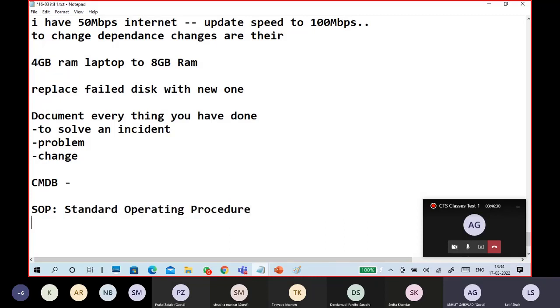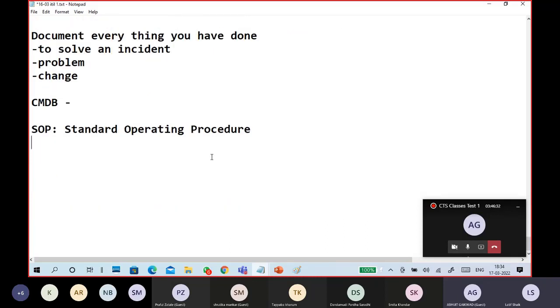Okay, standard operating procedure. So what is the standard operating procedure? It means if there is any issue or you do a work, follow a procedure. Following a procedure is called a standard operating procedure.